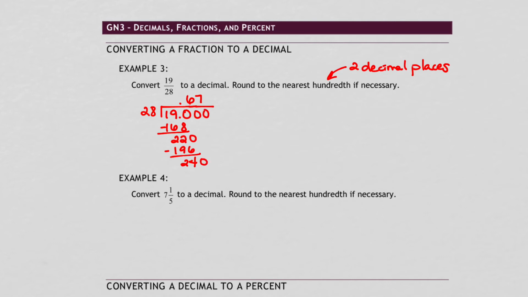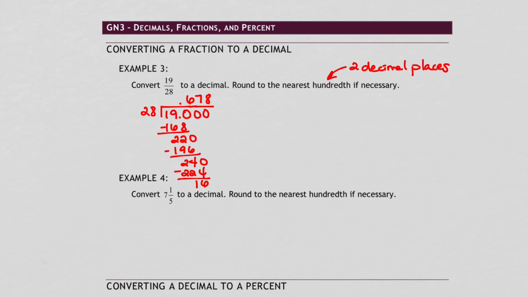And how many times does 28 go into 240? It goes 8 times. 8 times 28 is 224. And we have a remainder of 16. But that doesn't really matter because we're just worried about the decimal.